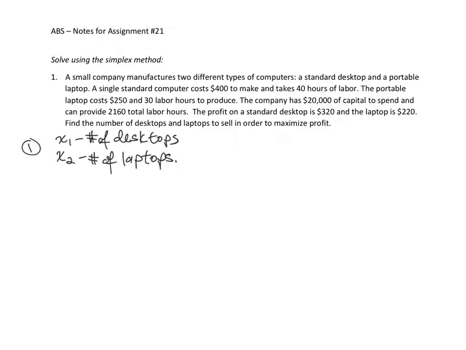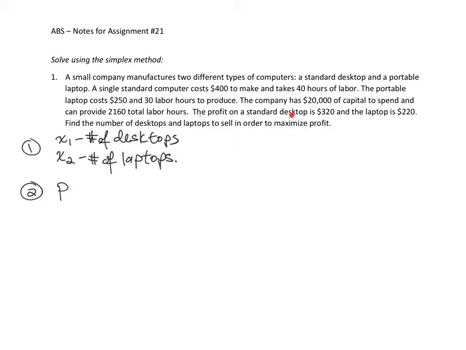All right, from there, you want to do your variable definitions first. The second thing you want to do is write down your maximization equation, and it's usually in that same sentence or nearby where the variables are. We're trying to maximize profit. That is the word right there, maximize the profit. So we want profit to be what? Where else do you see information about the profit? It's right here.